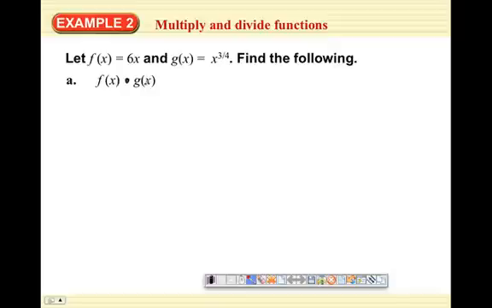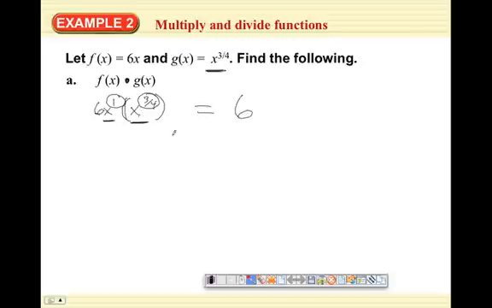What is f of x times g of x? Well, you plug it in. 6x times, what's g? X to the 3/4 power. Okay, this times this, know your rules. X times x. If they have the same base, you add the exponents. 1 plus 3/4 is, don't write 1 and 3/4. This is 6 times 1 is 6.